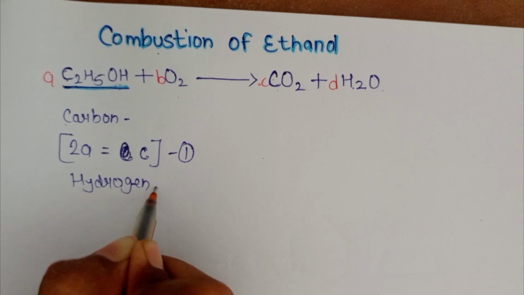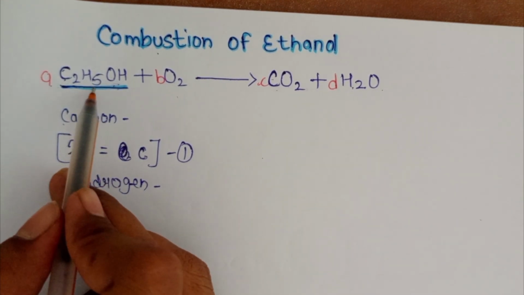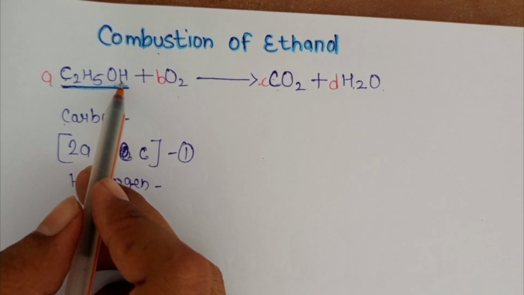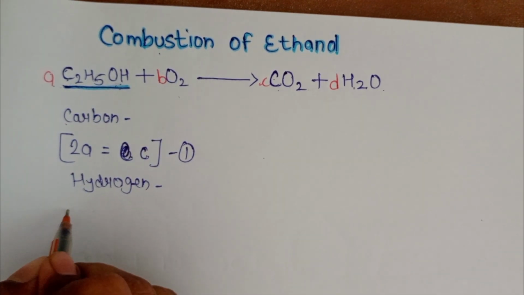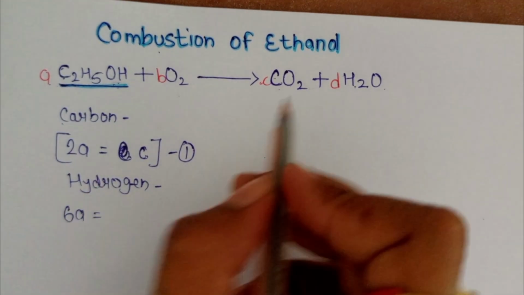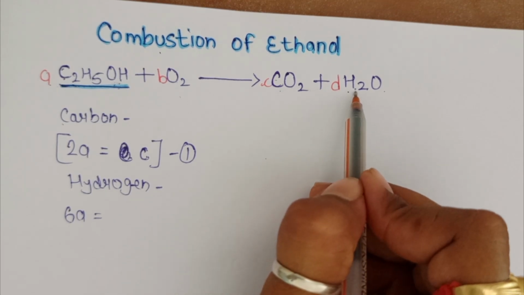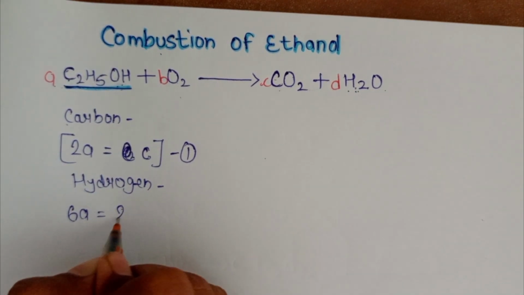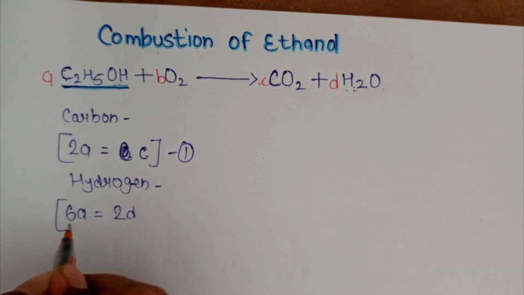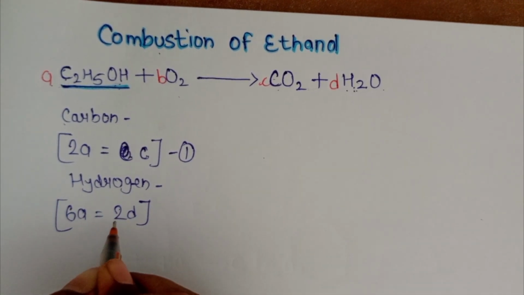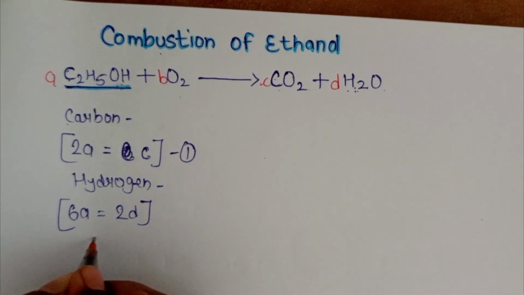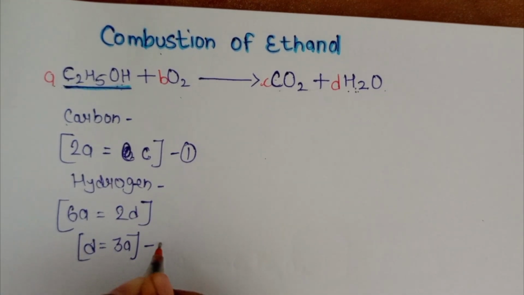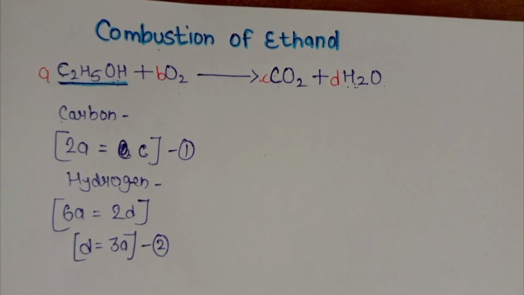For hydrogen, there are 6 hydrogen atoms on the reactant side and the coefficient is A, so we write 6A, and on the product side we have 2 hydrogen atoms and the coefficient is D, so 2D. On further solving this, we will get D is equal to 3A. We will give it equation number 2.